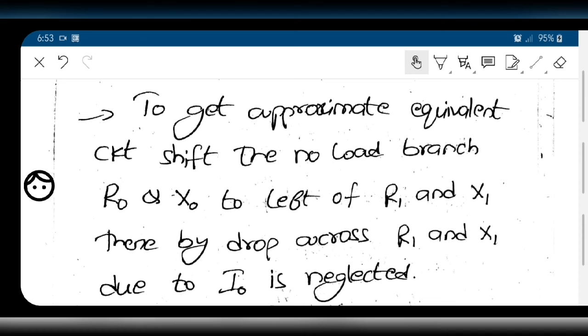So now we shift the no load branch or excitation branch to the left of R1 and X1. By doing that operation, we are neglecting the voltage drop in R1 and X1 caused by no load current I0, because no load current I0 is very small, just 5% of full load current.